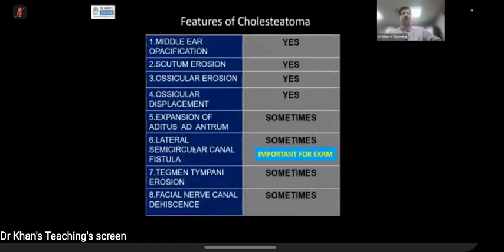So if there is fistulization, the patient will become very symptomatic. And then you have to see, so these should be your pertinent negatives or positives when you are describing it. Tegmen tympani, is it eroded? Facial nerve canal, is it dehiscent, etc. So these should be your pertinent negatives.